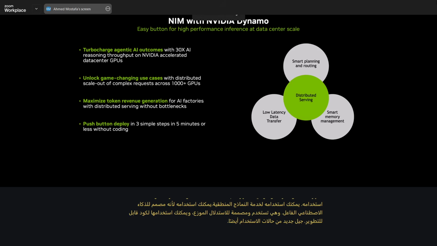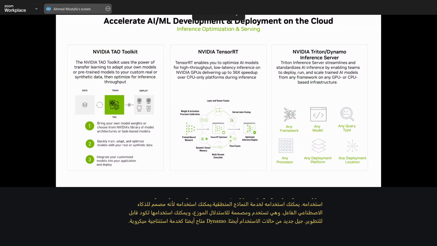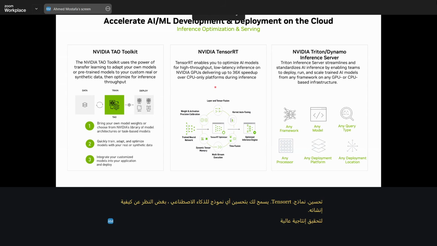Dynamo is available also as an inference microservice. Just to complement the ecosystem, NVIDIA is also offering optimization platforms that can help you to optimize models. TensorRT allows you to optimize any AI model regardless of how you created it for high throughput and low latency inference on the GPUs.